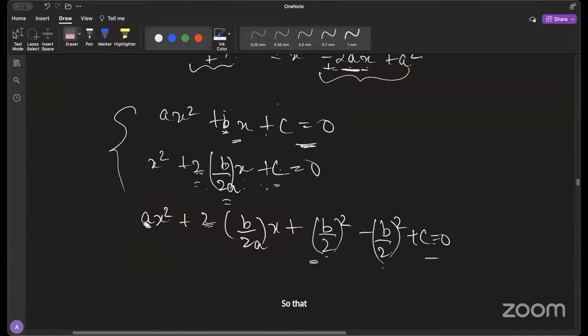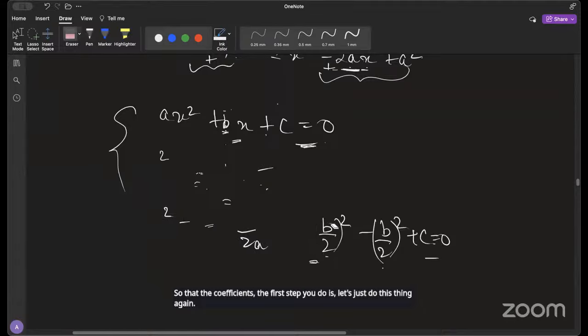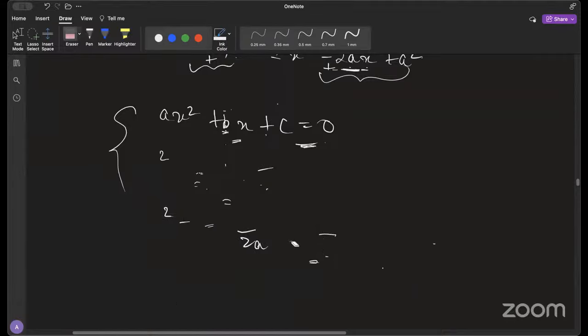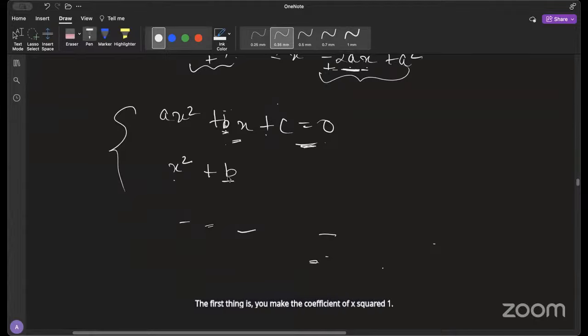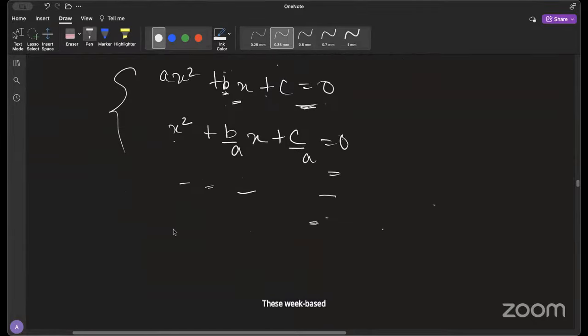So the first step you do is, let's just do this again. The first thing is you make the coefficient of x square 1. So you'll get this. These two equations are the same.